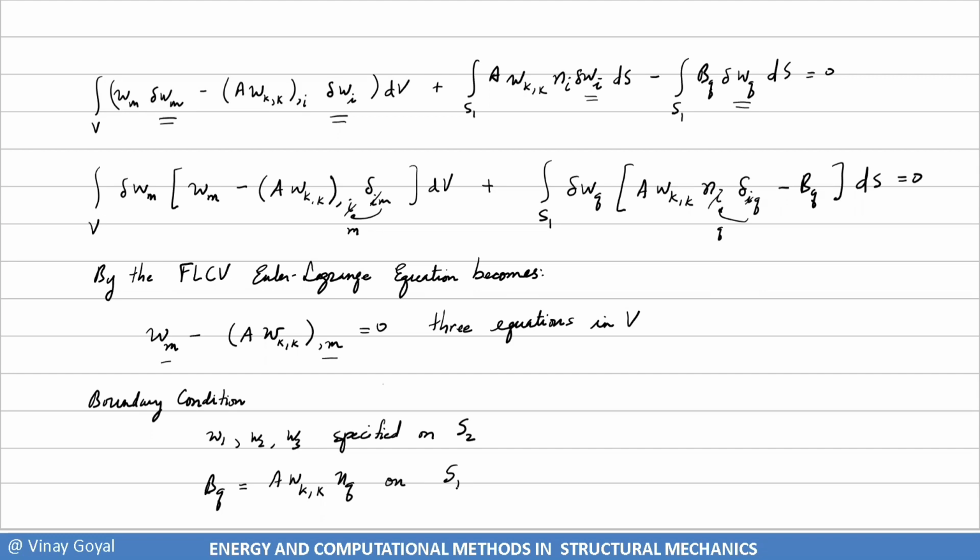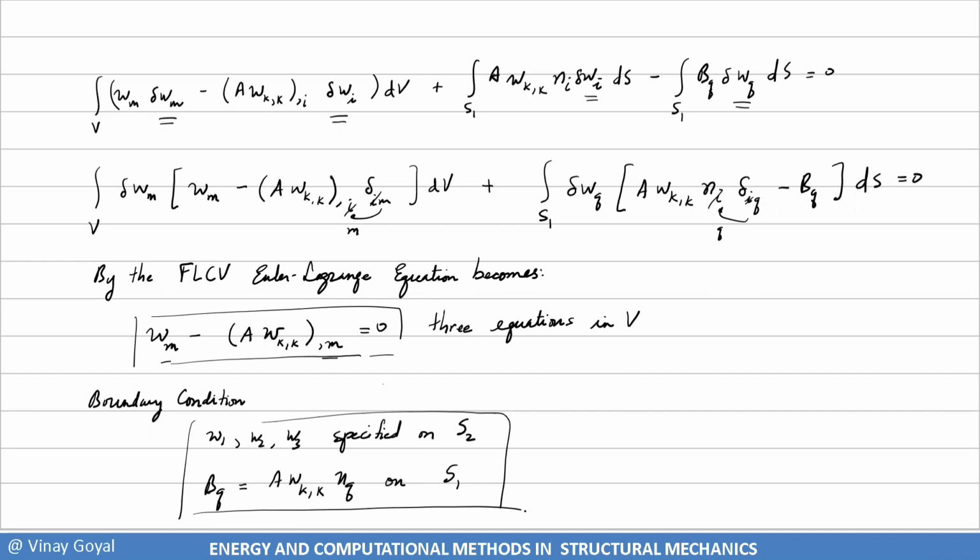So not only have the Euler-Lagrange equation, I have the boundary conditions to the problem on the whole surface. So hopefully this clarifies a lot, and this should match what I had in a previous YouTube video, and I hope it's a lot more clear.